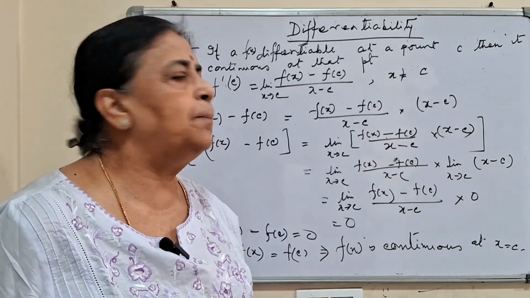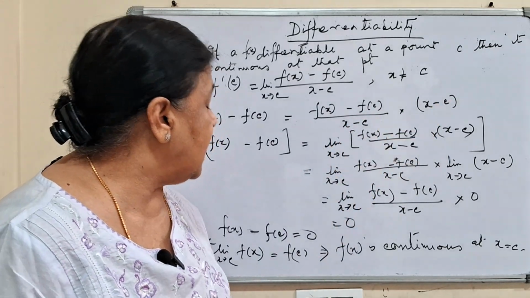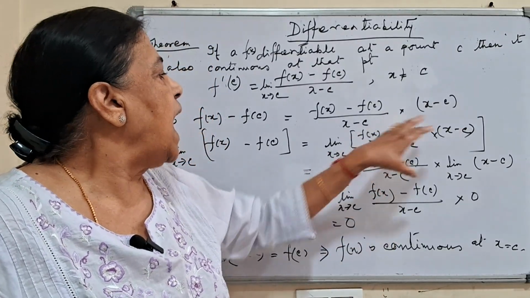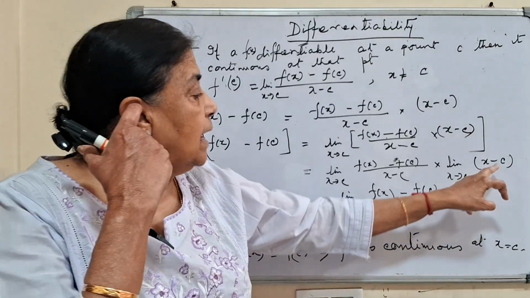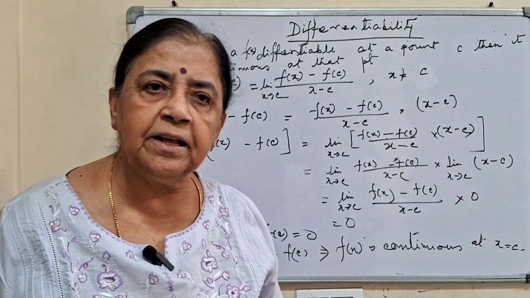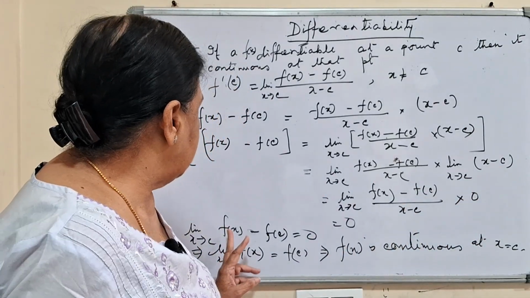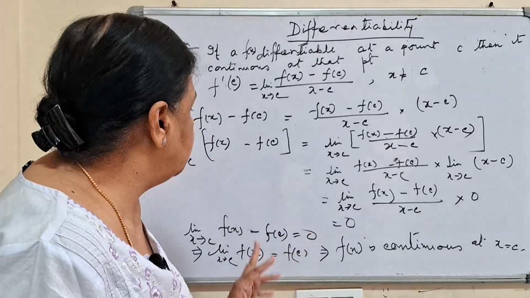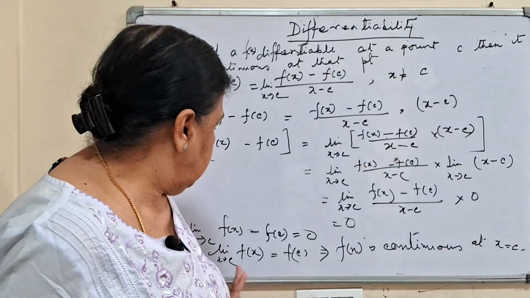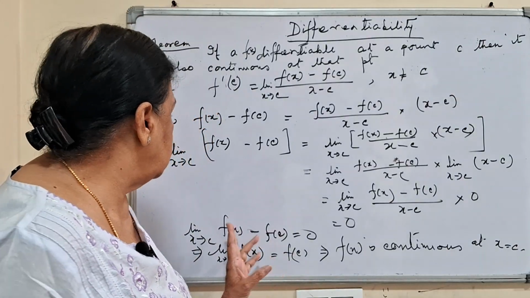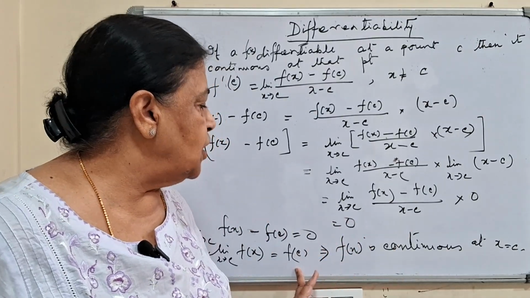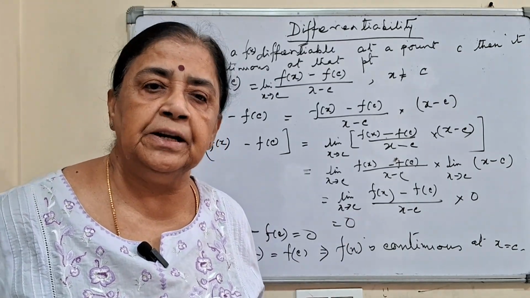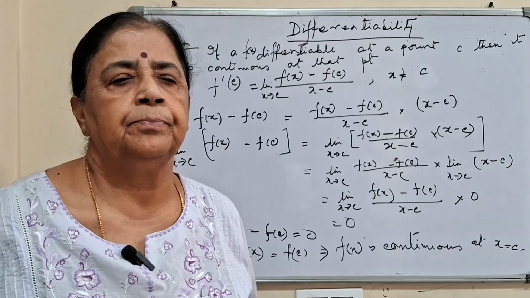I'm dividing and multiplying so that it gets cancelled. Then I take the limiting value of each. This becomes 0, and 0 multiplied by anything is 0. So limit x tends to c, f(x) minus f(c) is equal to 0. Therefore, the limiting value is equal to the function value, which happens when the function is continuous at x is equal to c.